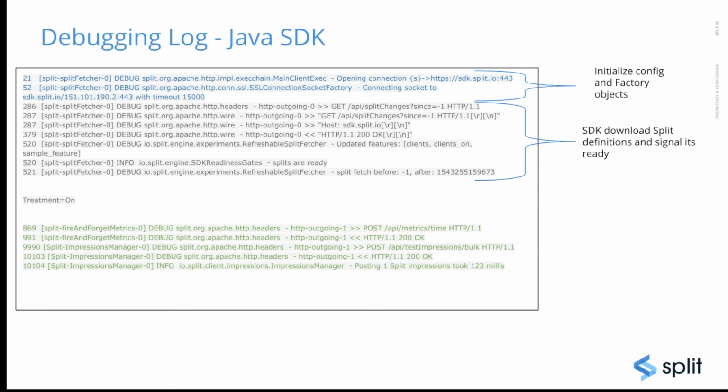The Java SDK actually shows all the details of the GET and POST requests and all the HTTP responses coming back, including the headers and the body details in its log. So the logging is much richer than on the JavaScript side. After getTreatment is called, we see that the call is successful and the SDK has posted the impression successfully to the Split Cloud.